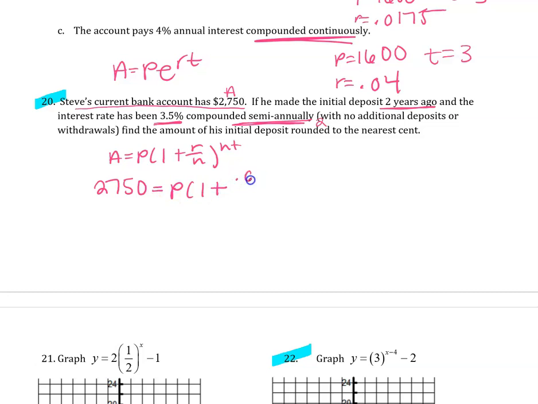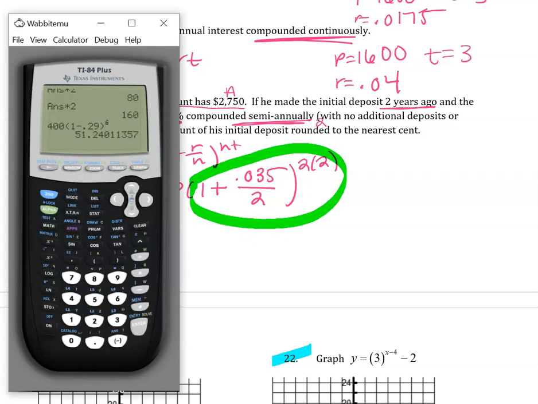We know the rate is 0.035. I just divided by 100. Semi-annually is twice a year. Now they said this was over the course of 2 years, so T equals 2 as well. Okay, so what I'm going to do is plug this stuff in my calculator and clean it up.